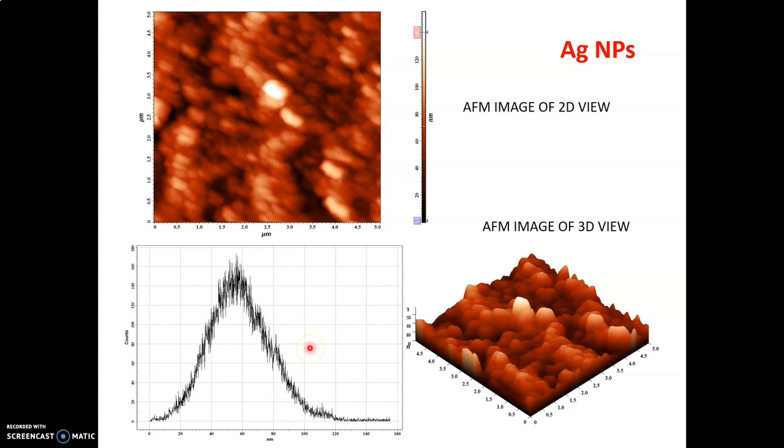This closely it is going to be coated. It is coated on a metal surface, and this is an AFM image of another sample which we prepared in the lab, that is silicon oxide.